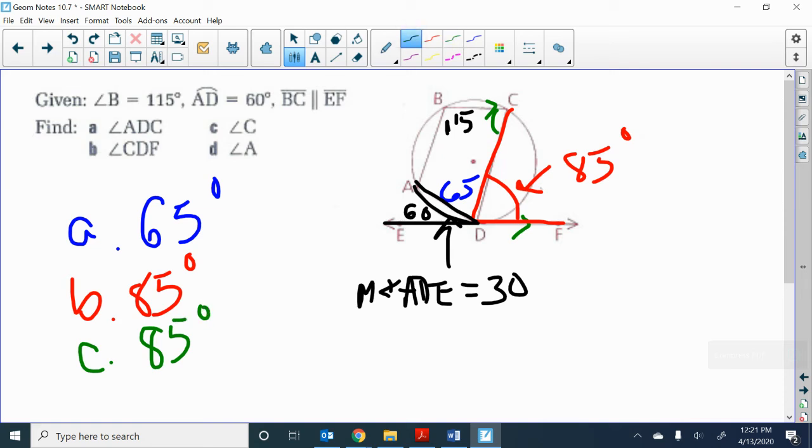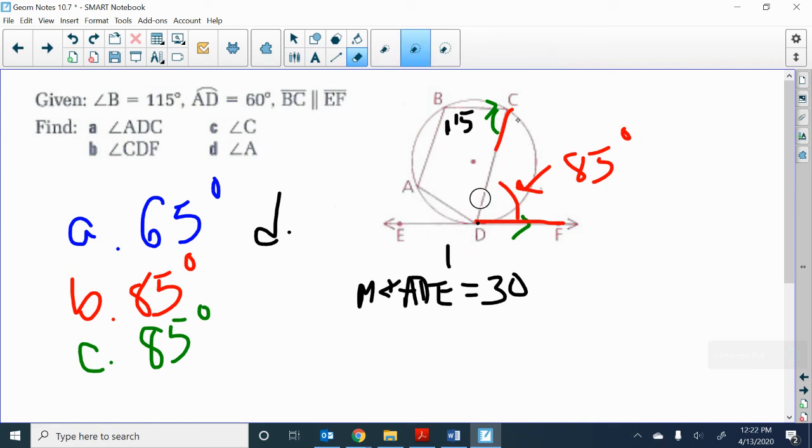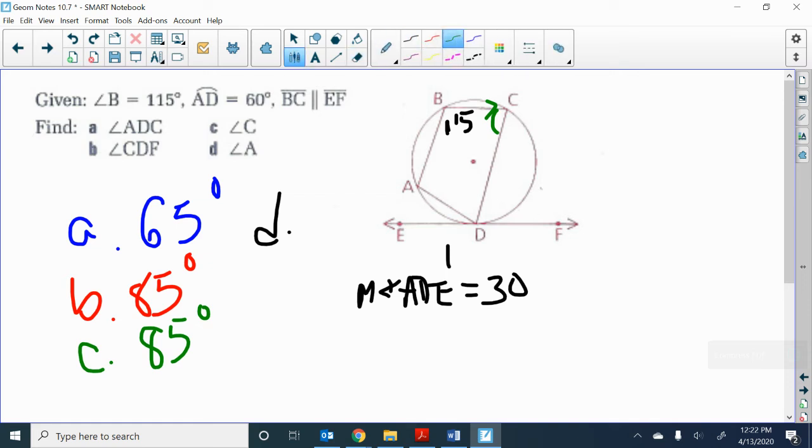And the last thing we're looking for is part D, angle A, and that's across from angle C. So let me just get rid of some of this stuff here, just so we're not getting cluttered. So if we know that angle C is 85 degrees, angle A has to be its supplement, which is 95 degrees. And there we go.